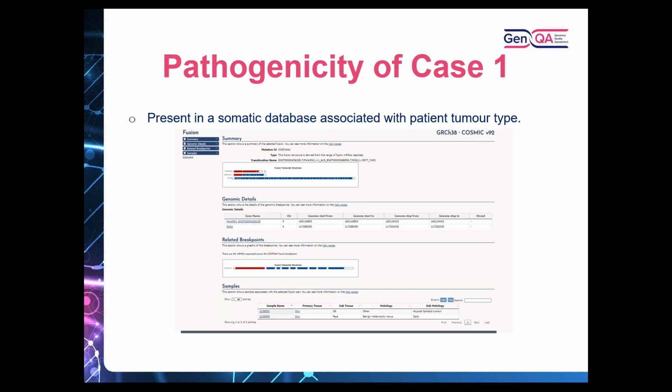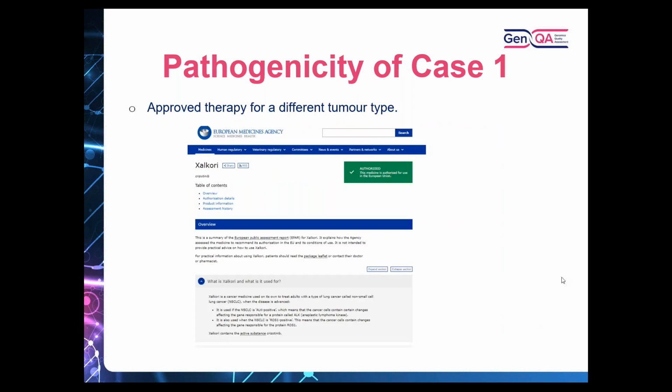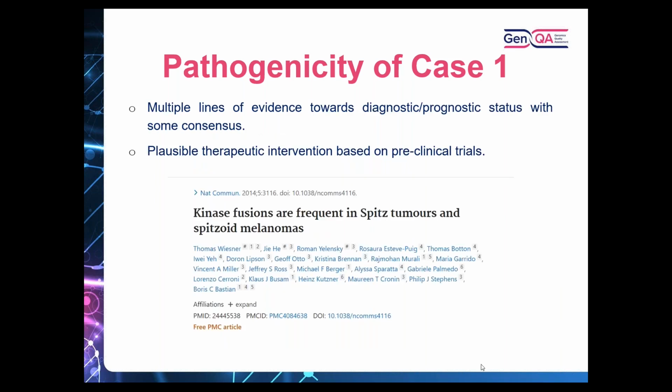So next slide, please. It was also well established as an approved therapy for a different tumour type. So we know that treatment of ROS1 fusions is approved in non-small cell lung cancer as well. And this was a particular case with this one as well. Next slide, please. So we had multiple lines of evidence towards diagnostic and prognostic status with some consensus for this particular one.